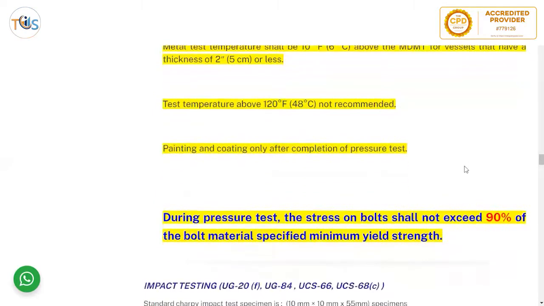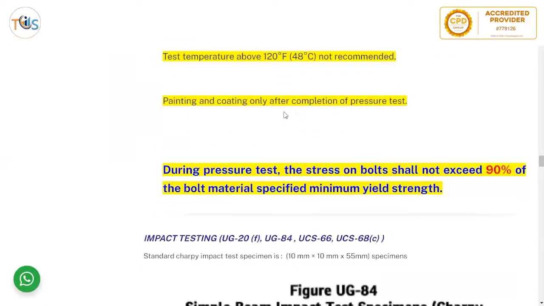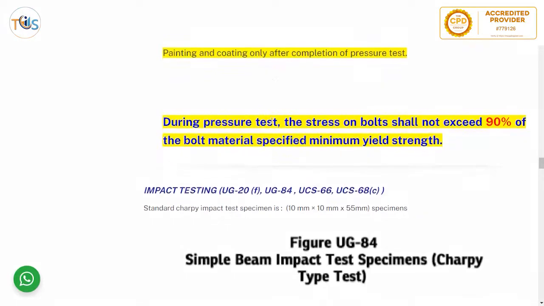Painting and coating only after completion of the pressure test, because if you apply coating, lining, insulation or painting before the pressure test, they might mask a leak. So it's always recommended that you do it after the pressure test.